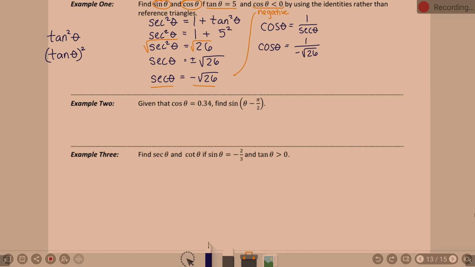Negative square root of 26. And so that gives us the statement that cosine is equal to the negative of 1 over square root of 26. And now we've at least found one answer.